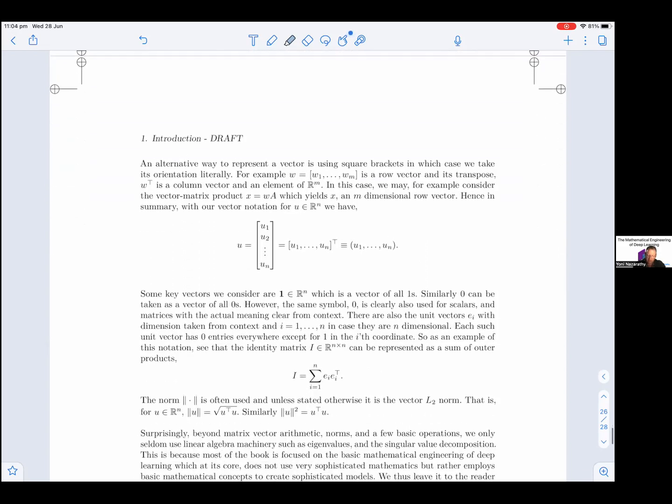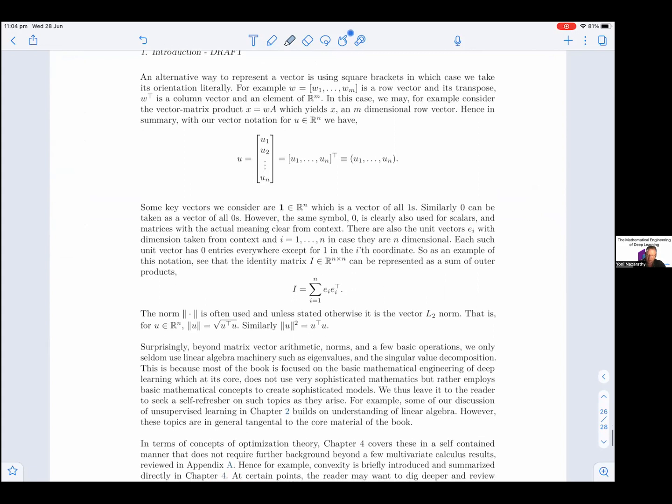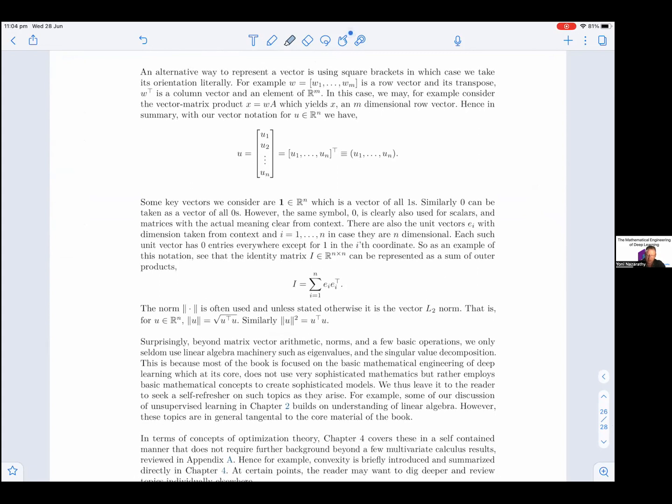An alternative way to represent a vector is using square brackets, in which case we take its orientation literally. For example, w = [w_1, ..., w_m] in square brackets is a row vector, and its transpose, w transposed, is a column vector and an element of R^m.